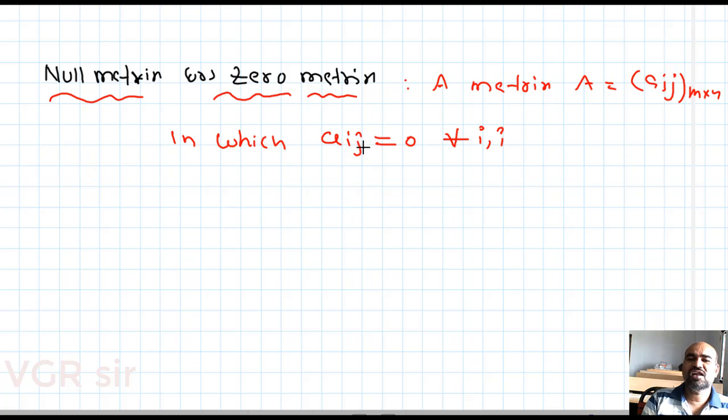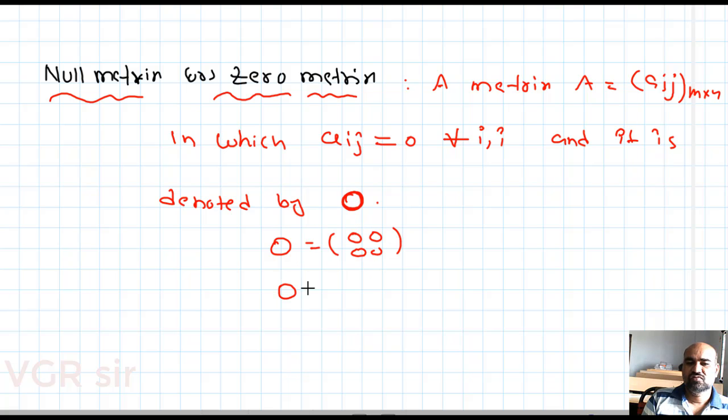What is the meaning of that? All elements are zeros. Okay. And it is denoted by O. So O equal to 0, 0, 0, 0, or 0, 0, 0, 0, 0, 0, like that. So these all are null matrices.